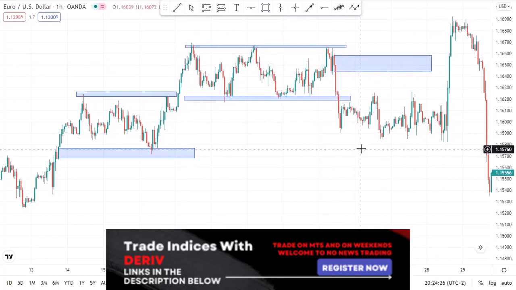Because we want it to violate what is in the retail books. We are retail traders, but we don't want to trade like that. So when this happens, it means someone was trying to buy from this area, and this was more like a stop hunt or something like that.